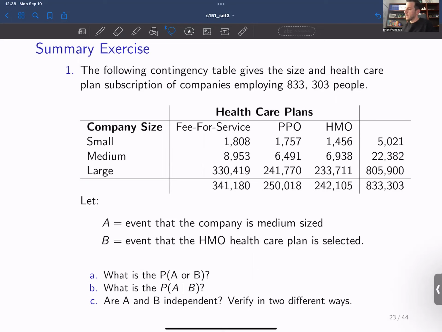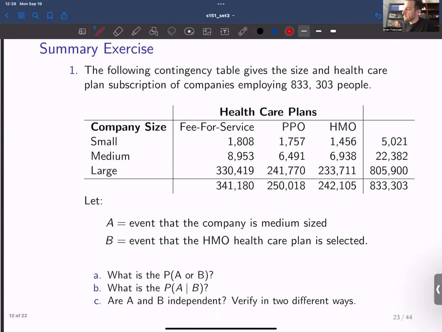All right, so we have a two-way contingency table shown here. There are two variables in this two-way contingency table, as there are in any two-way contingency table. So we have healthcare plan, of which there are 3 levels: fee for service, PPO, and HMO. And we have company size, of which there are also 3 levels: small, medium, and large.